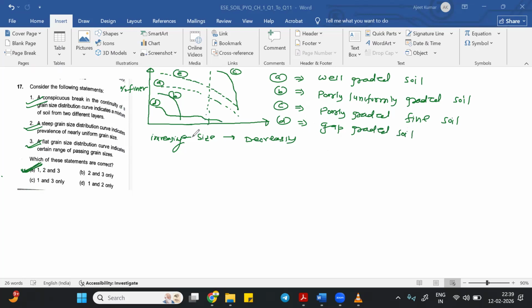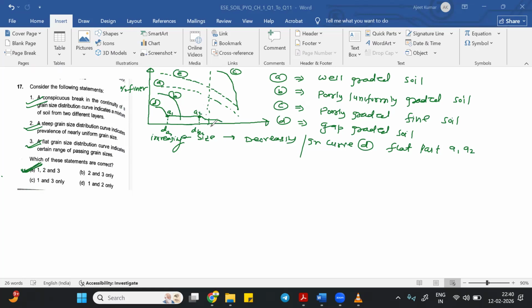If at this point the diameter of particle is dA1, and at this point the diameter of particle is dA2, then in this case we can take in curve D the flat part A1 A2.